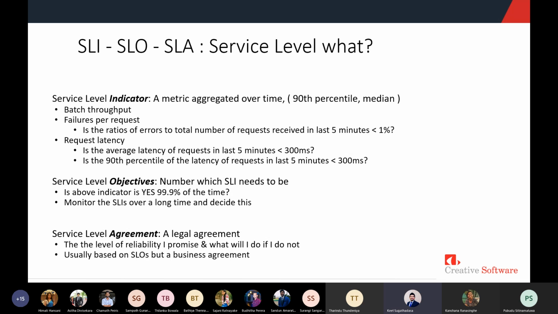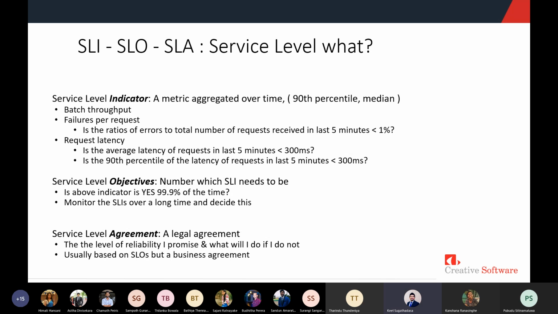So for example, if I say that most of my request latencies have to be less than 1 second, we know that it is not 100% possible. So I can say that my system's request latency is less than 1 second during 99.9% of the time. But for the remaining 0.1%, I'm saying it can go above 1 second.